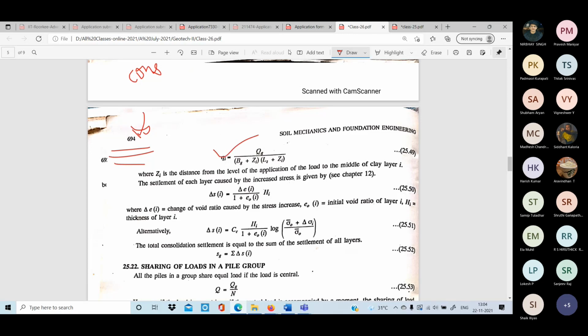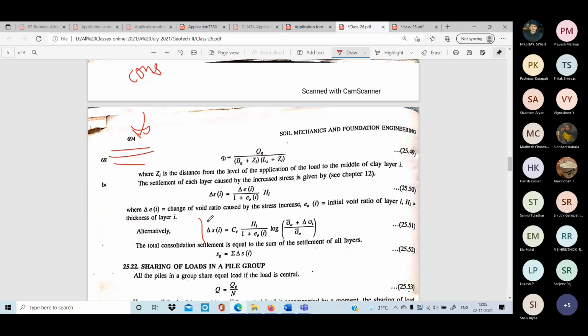Why are we finding this increase in stress here? If you recall, where the increase in stress is generally used, we use it in our consolidation equation. Understand? So where Z is the distance from the level. This is about the equation they are deriving, and finally by using the chapter we can find out delta S. This equation you already know.